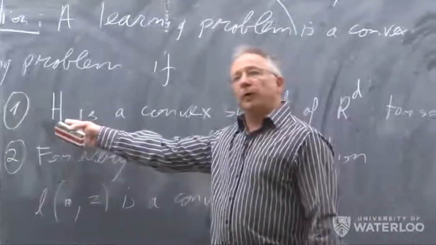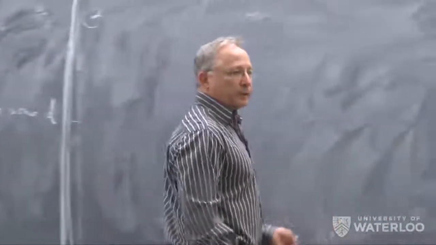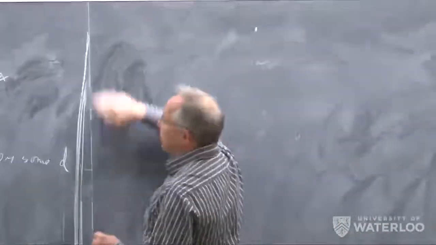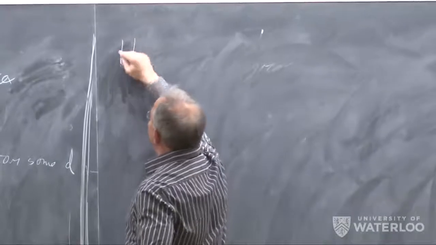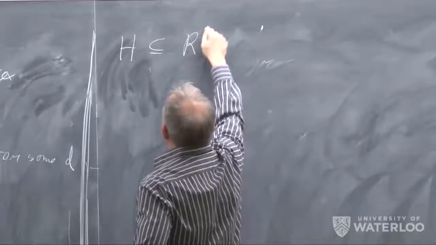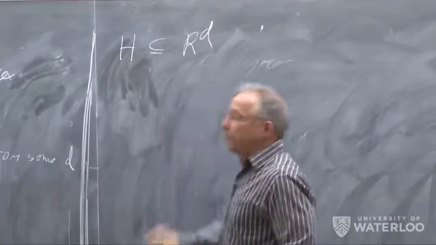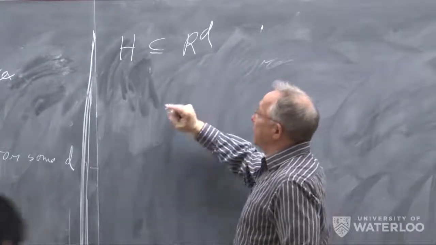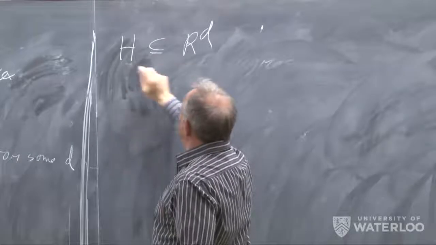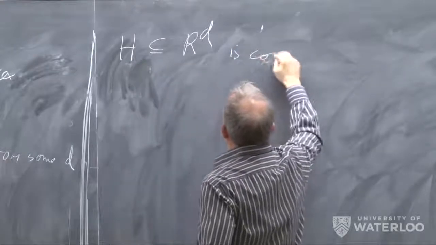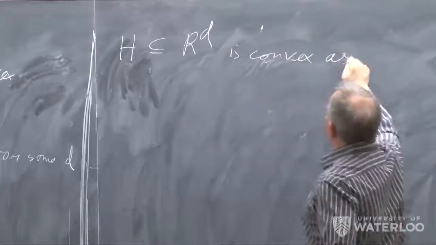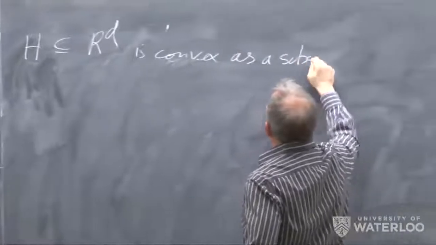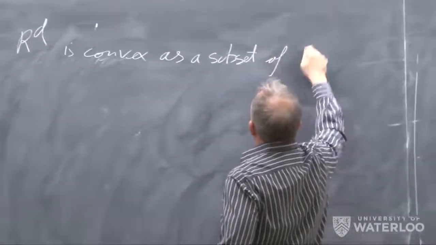Now I do not view H as a set of functions, but as a set of vectors. So this is a good point to note. Here my H is a subset of R^d, and it is convex as a subset of R^d.